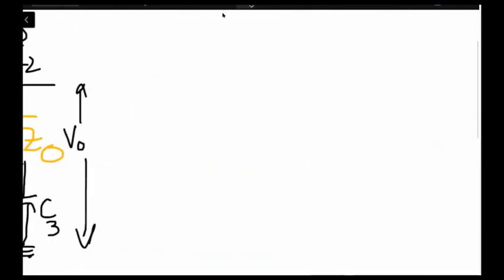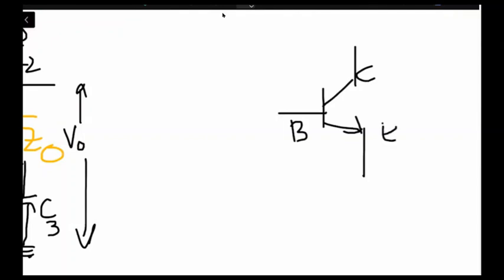In the middle is the transistor, which has base, collector and emitter.